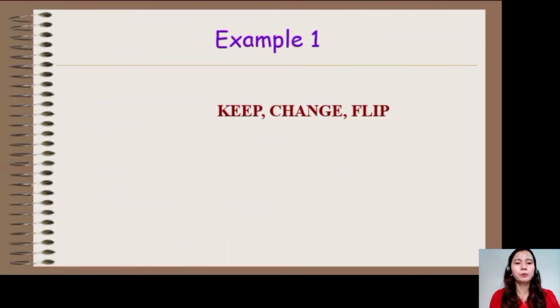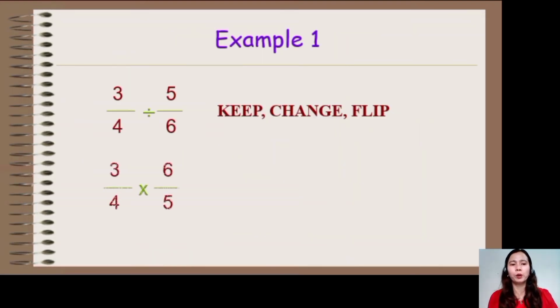Okay? So, let's begin with example number 1. We have 3 over 4 divided by 5 over 6. Keep the first fraction. Change the operation to multiplication. Then flip the second fraction. 3 over 4, change to multiplication, 5 over 6 becomes 6 over 5.